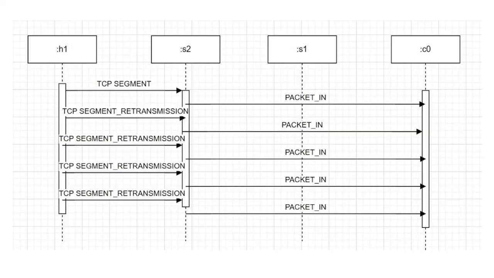In here we can see the sequence diagram. When the block operation is enabled, we can see that host 1 is trying to communicate with the TCP protocol.